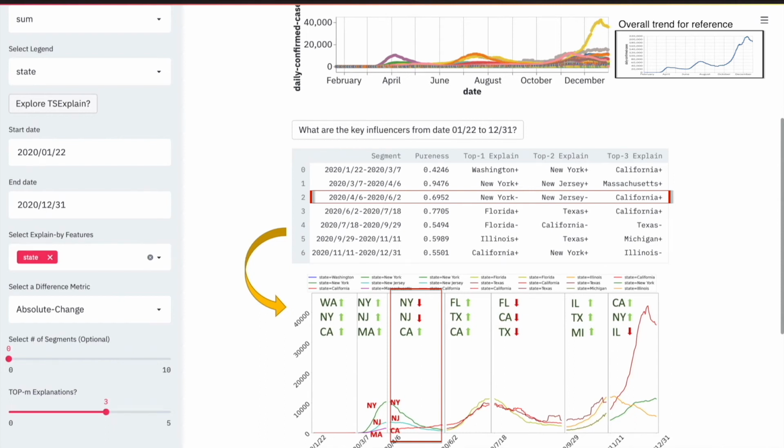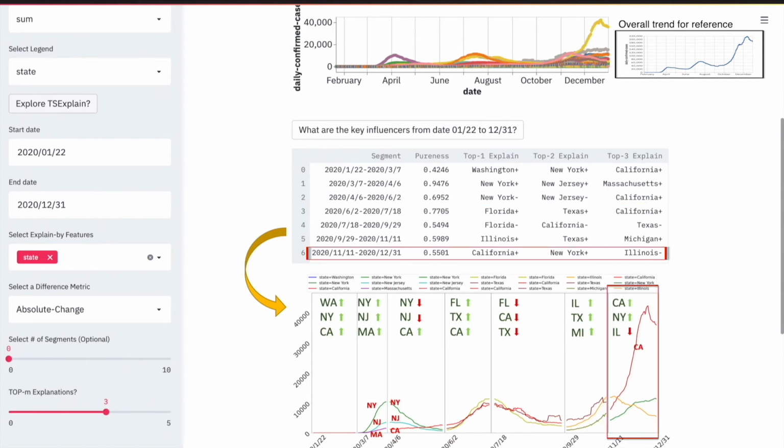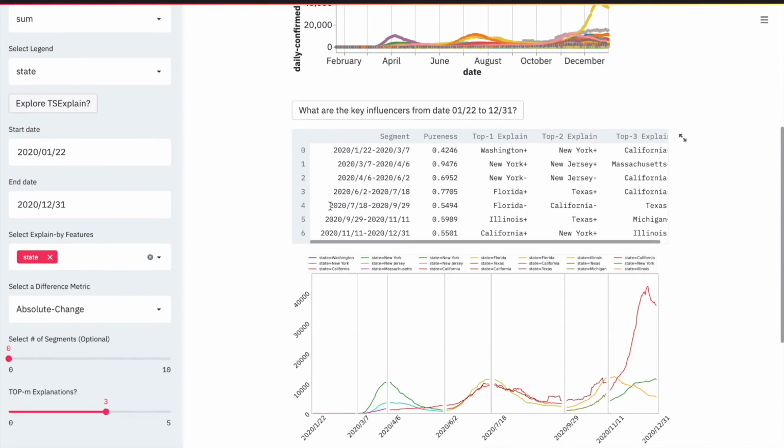TSExplain captures an interesting pattern that California starts to rise. During holiday season 2020, the last segment, California and New York surge again while Illinois declines.